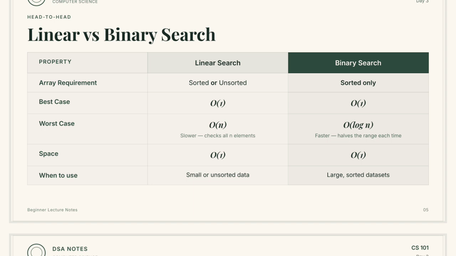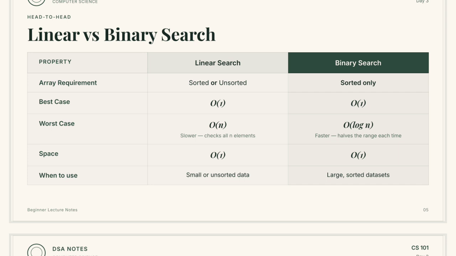Binary search must have a sorted array, otherwise it gives wrong answers. Best case: for linear search it is big O of 1, the first element is the answer. For binary search it is big O of 1, the middle element is the answer. Worst case: linear search is big O of n, checking every element. Binary search is big O of log n, much faster for large data.